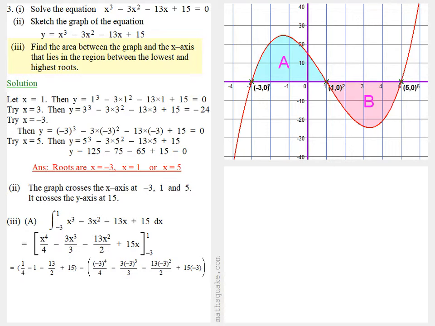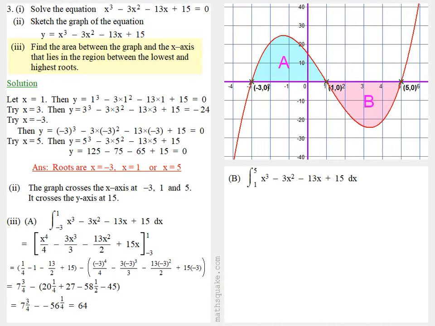Which all simplifies to 7 3/4 take away, in brackets, 20 1/4 plus 27 minus 58 1/2 minus 45, which is 7 3/4 take away minus 56 1/4, which equals 64. So the area of A is 64.